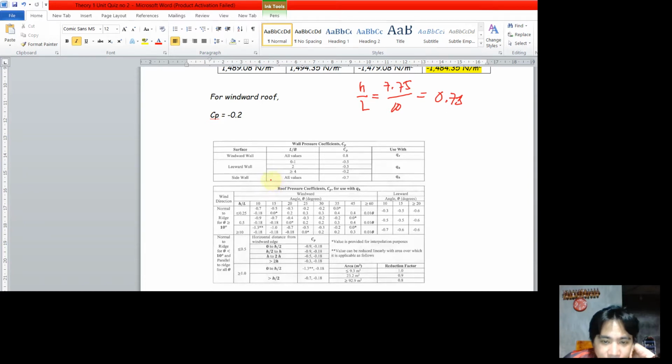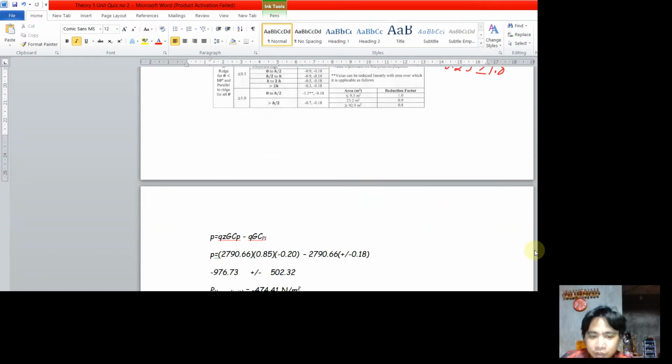Basically we should interpolate. However, as we can see here, that is already negative 0.2 for a value of 0.5 H over L and negative 0.2 for a value greater than or equal to 1.0. So we're just working with that one. Therefore, we'll just adopt a coefficient equivalent to negative 0.2.